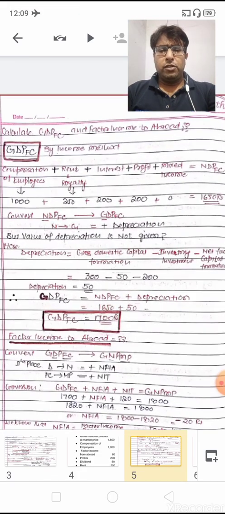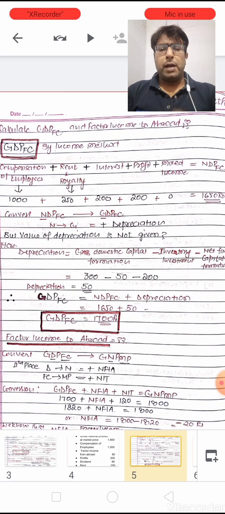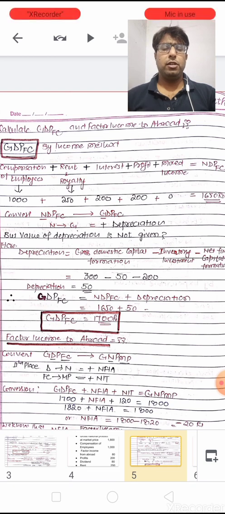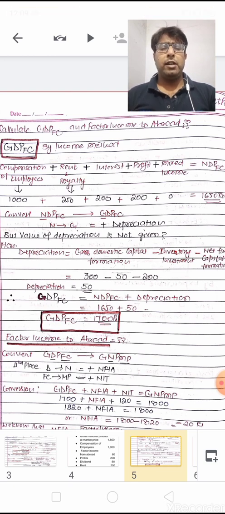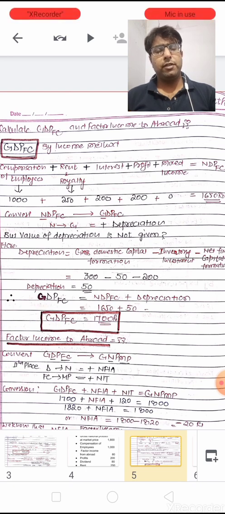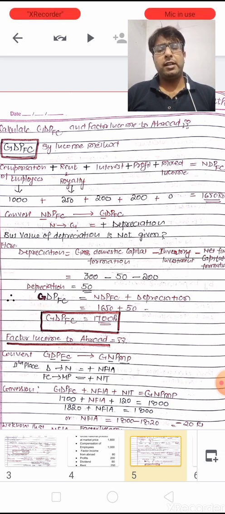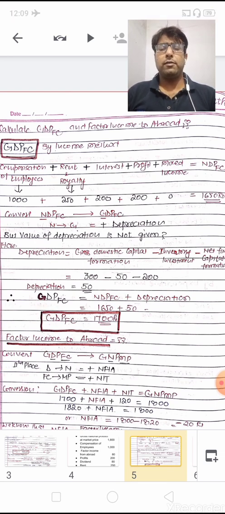Children, we have to find out GDP FC by the income method. Why are we finding GDP by the income method? Because in the question, all the component values of the income method are given. If the values of expenditure items were given to you, then you could find GDP FC by the expenditure method.